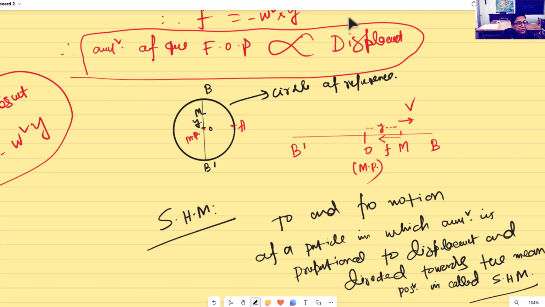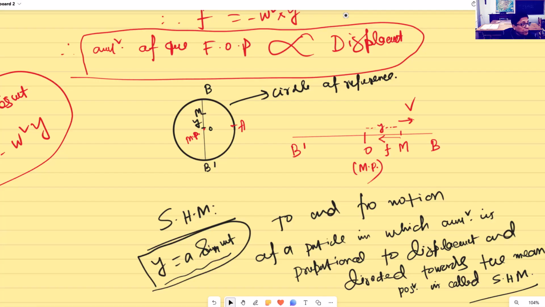What is the equation of a particle in SHM? Y equal to A sin omega t. But this definition has come later. Initially, it was the projection. So, uniform circular motion is linked with this, because see, in the equation of simple harmonic motion, omega is there.